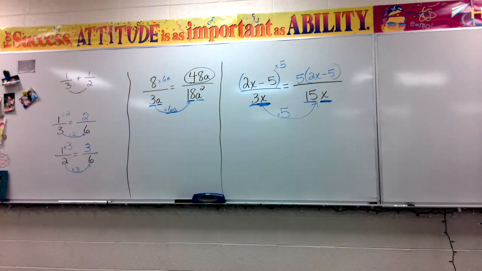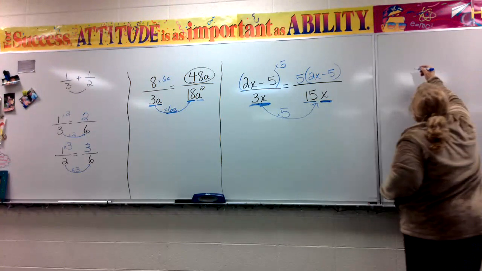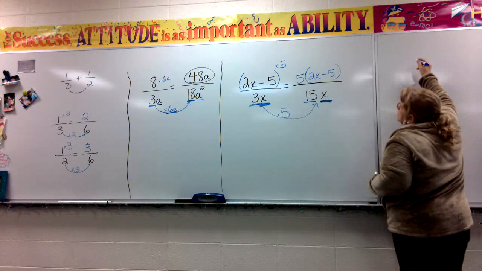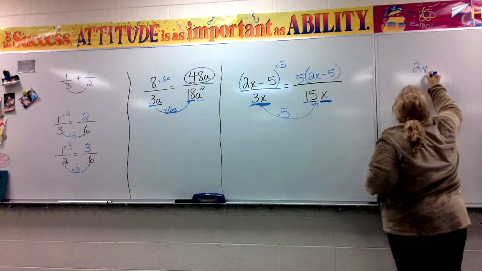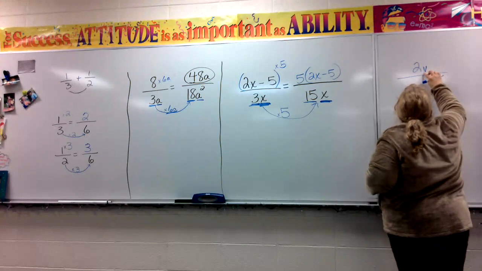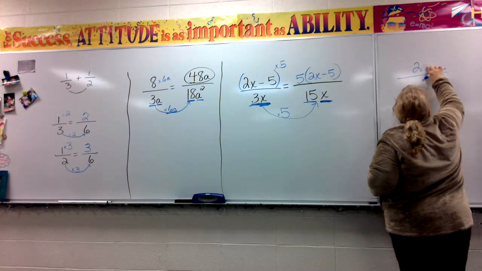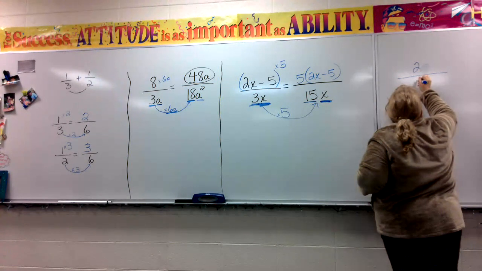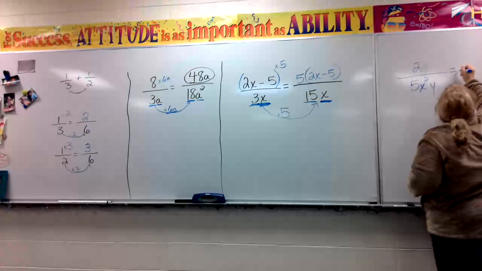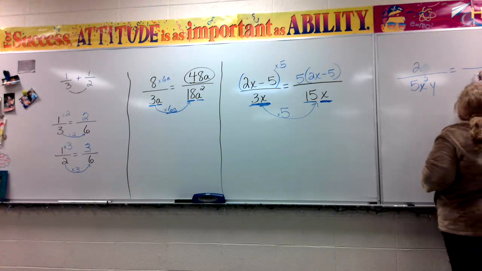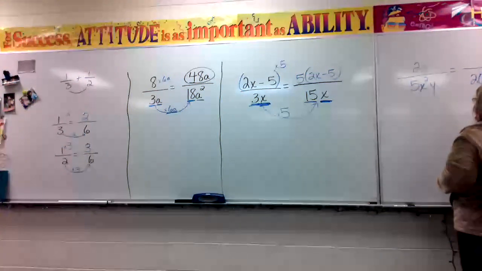1 to 10, 1 to 36. How about something like this? How about something like, oh, let's go 2y over, yeah, we'll just go 2 over 5x squared y.